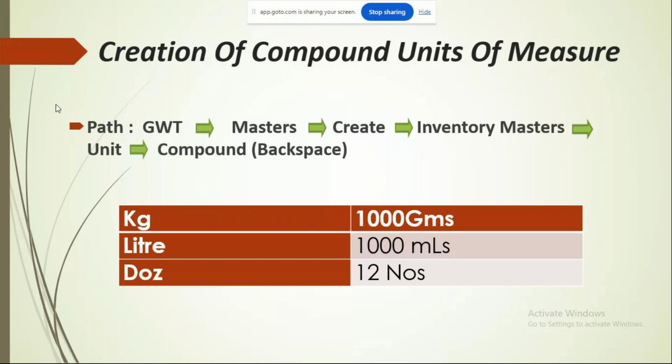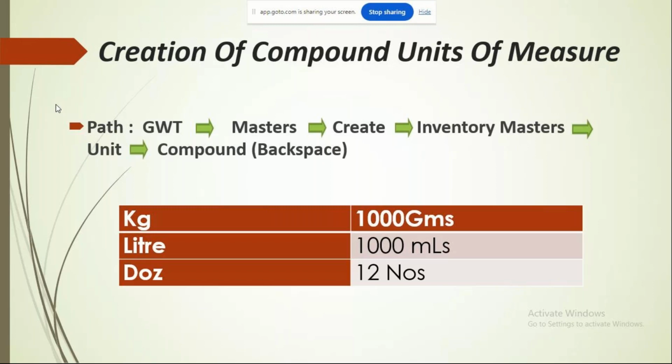So here I've given kgs, liters, and dozens. I have fixed creation of compound units of measure only for these three. Why? Because I cannot go for packet or boxes because they can differ depending upon the product. Now, if I say one packet of pens, it can be 5 pens.